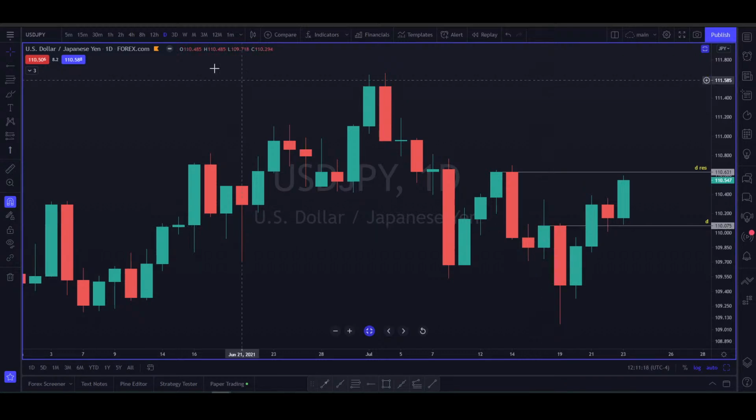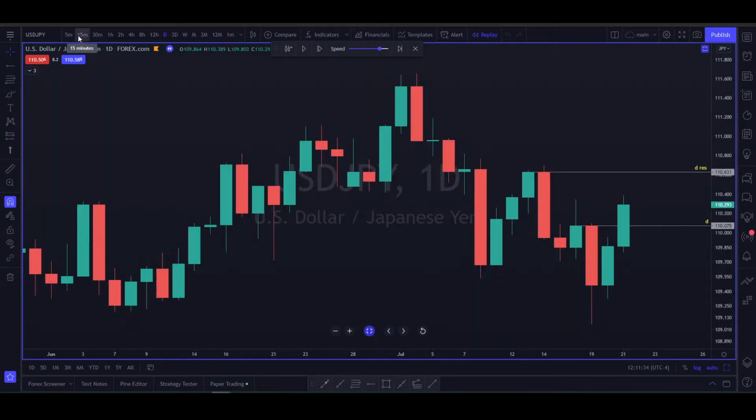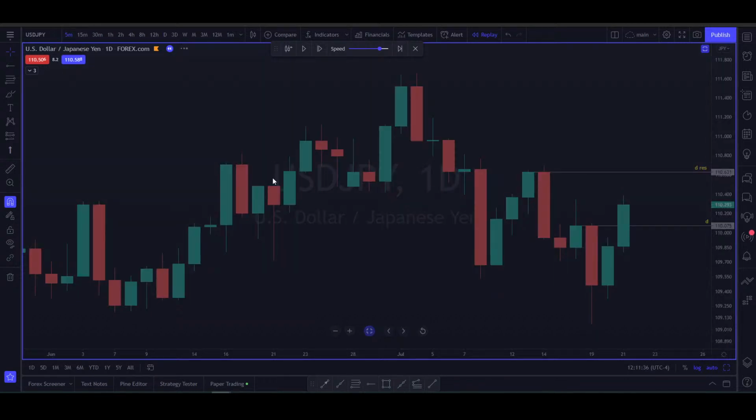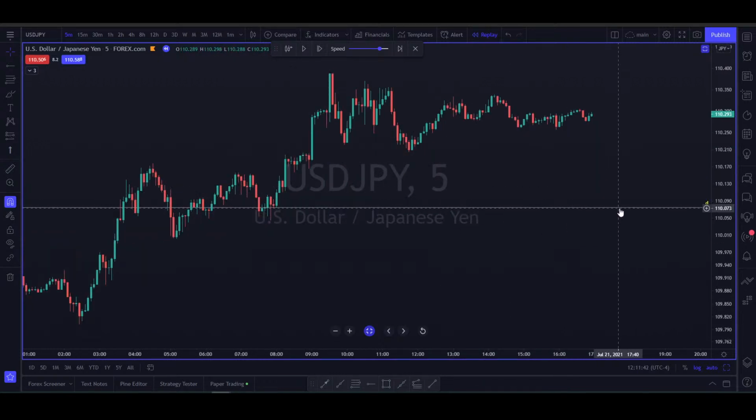So let's use this one as an example for another entry. Right here, where are we at? In Blades Bar Replay, because this is beautiful. This level that's marked D will be the level in question. There it is. That's that level.